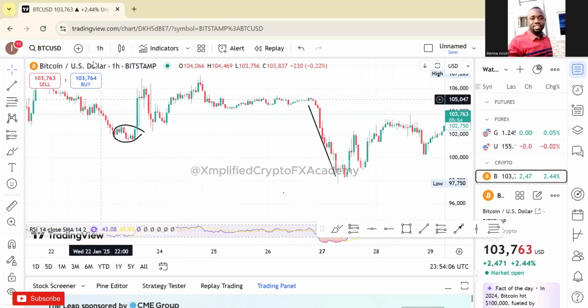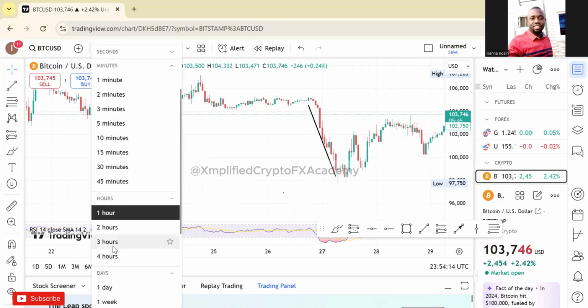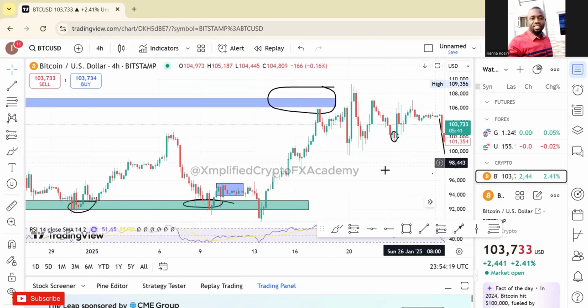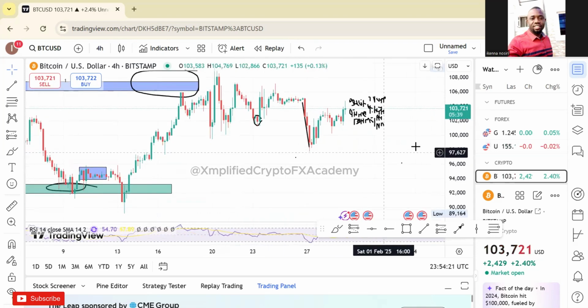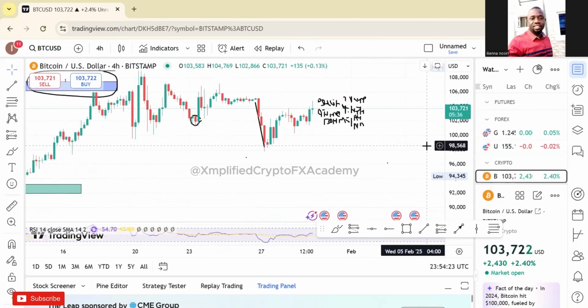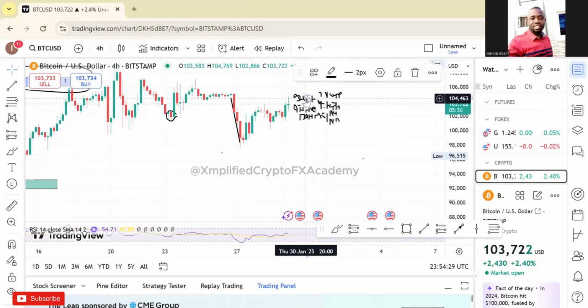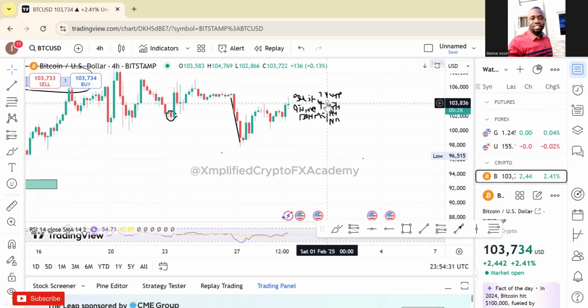So for example, look at this candle. I use 1 hour time frame, isn't it? Now, let's check. Let's check, probably 4 hours I normally use. Let's check what actually happened in 4 hours. Okay, I will use this time to clean this thing I wrote down there, to clean all this nonsense.